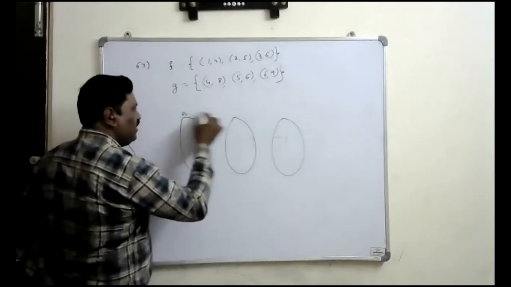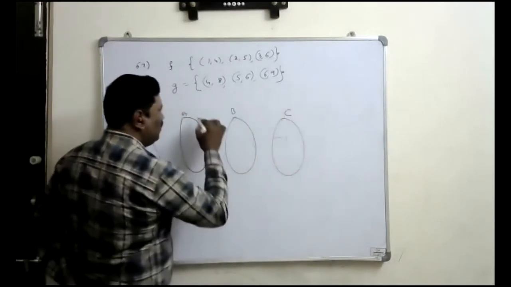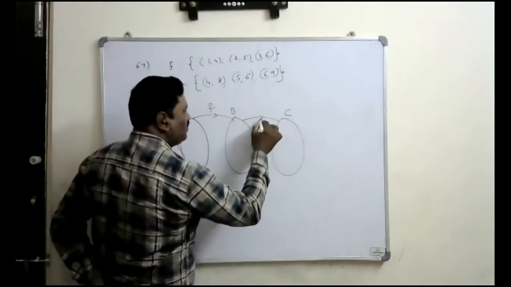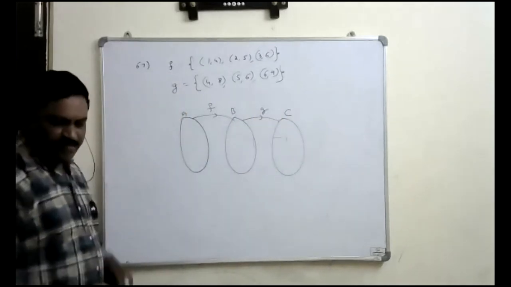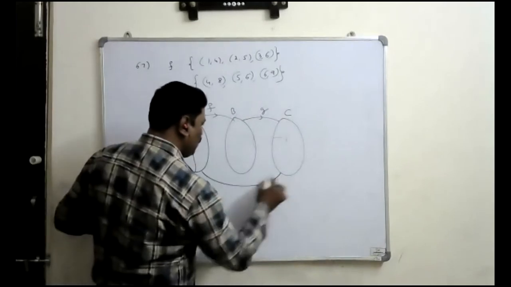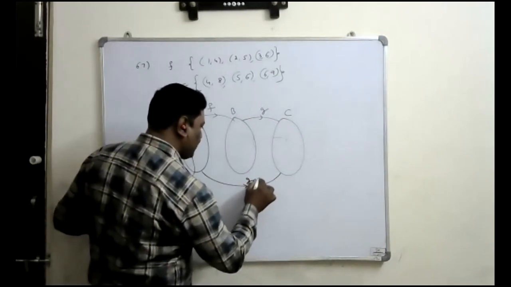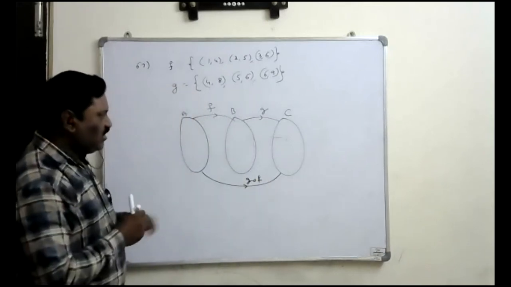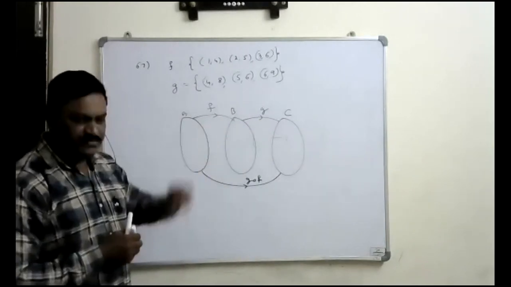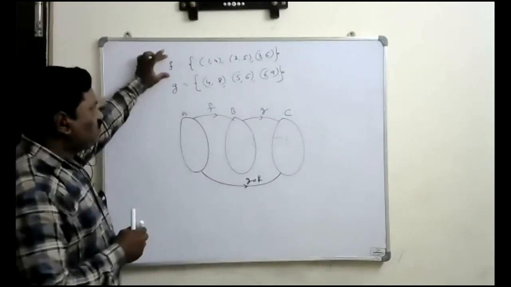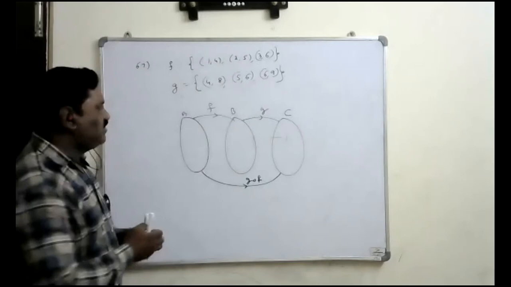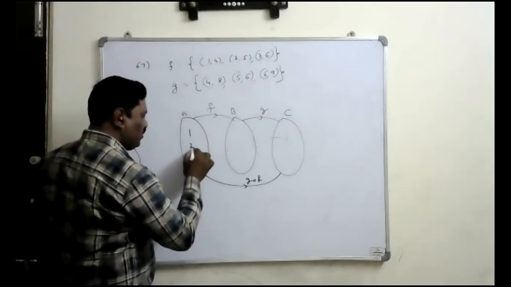If F is the function from A to B, and G is the function from B to C, then the function from A to C is called G circle F. Because the order is from A to C, but while writing it, we write in the reverse order, first G, then F. Now, this is the function F. All these first elements, that is the domain, set A, have 1, 2, 3.